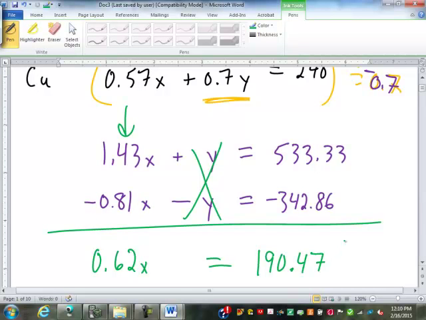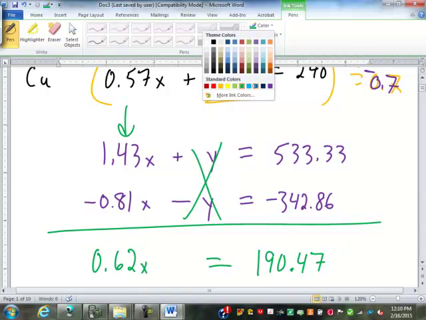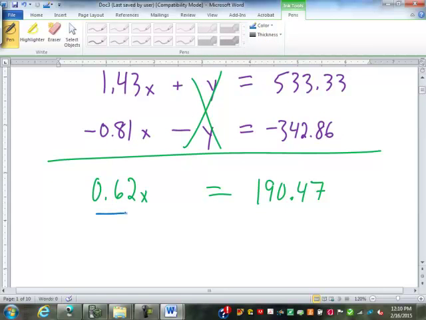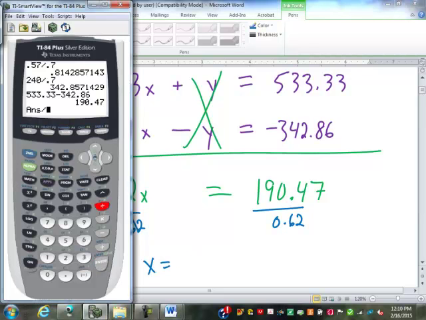Now I can solve this by dividing by 0.62. X equals 307.21, we'll call it.